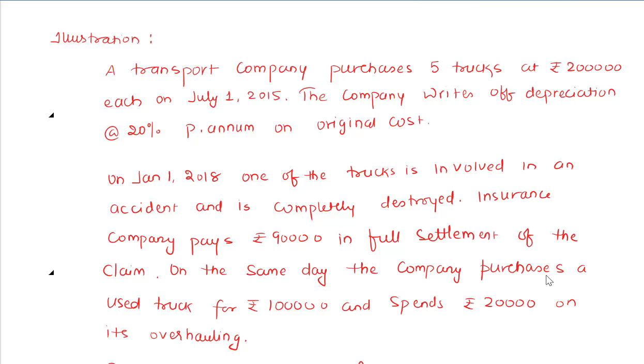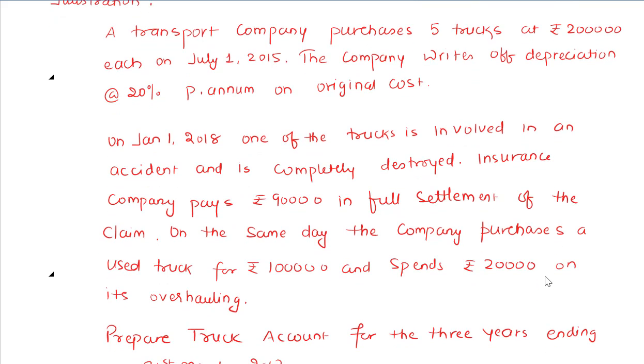A transport company purchases 5 trucks at 2 lakh each. So 2 lakh multiplied by 5 leads to 10 lakh on 1st July 2015. The company writes off depreciation at the rate of 20% on original cost method, that is SLM. On January 1st 2018, one of the trucks is involved in an accident and completely destroyed. The insurance company paid 90,000, so there would be some loss we need to calculate.